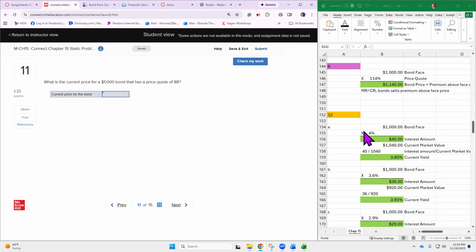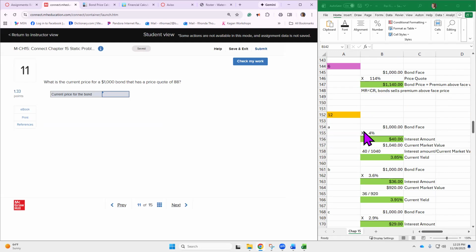So I want to buy a bond. Well, okay, what is the bond's price? Well, it's quoted at 88. What does that mean? That means the price quote of the bond is 88% of the face. So 88% of this face is $880.